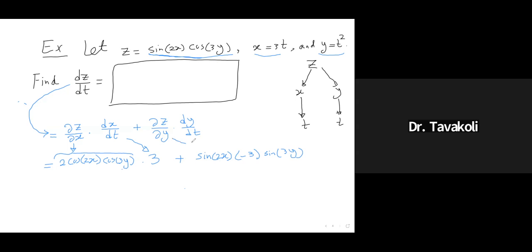So this was the partial derivative of z with respect to y. What about the derivative of y with respect to t? Y is t squared, so the derivative is 2t.